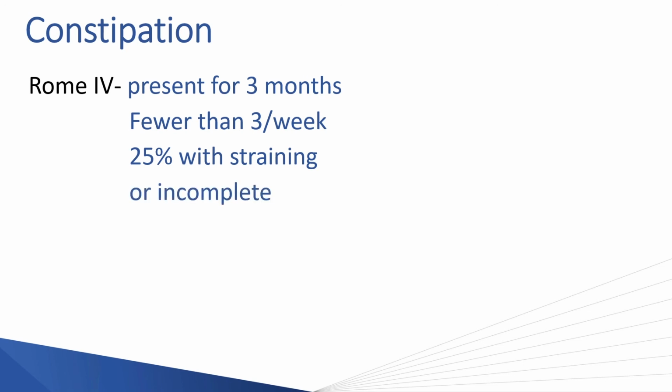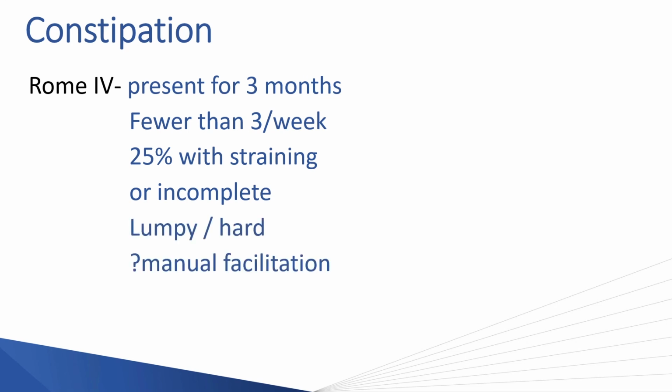Or if these are incomplete and your patient might actually feel like they haven't completely finished going to toilet, or may have a sensation there's still stool within the rectum. Typically, they'll describe the feces as lumpy or hard, and sometimes even need manual facilitation to actually remove stool from the rectum.